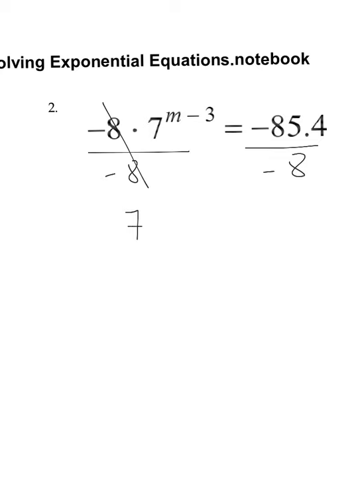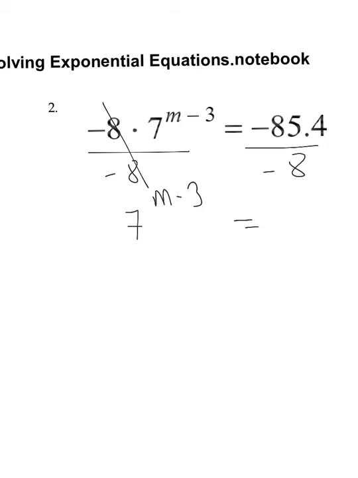You get 7 raised to the m minus 3 is equal to, please use your calculator, 85.4 over 8. Obviously the answer is positive, so I do 85.4 divided by 8, it's 10.675, 10 and 675 thousandths.